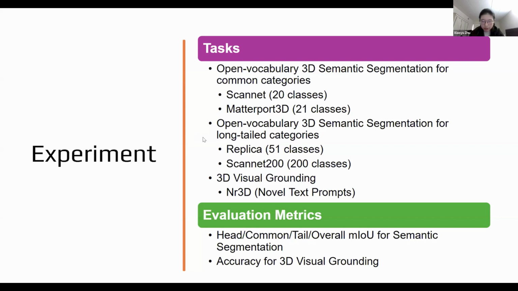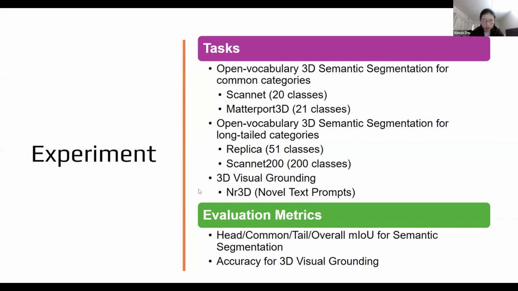And the second evaluation setting is more challenging. It's called long-tailed semantic segmentation. And we do the evaluation on two datasets, Replica and ScanNet200. And finally, we also perform evaluation on the 3D visual grounding task. The dataset we use is Nr3D.